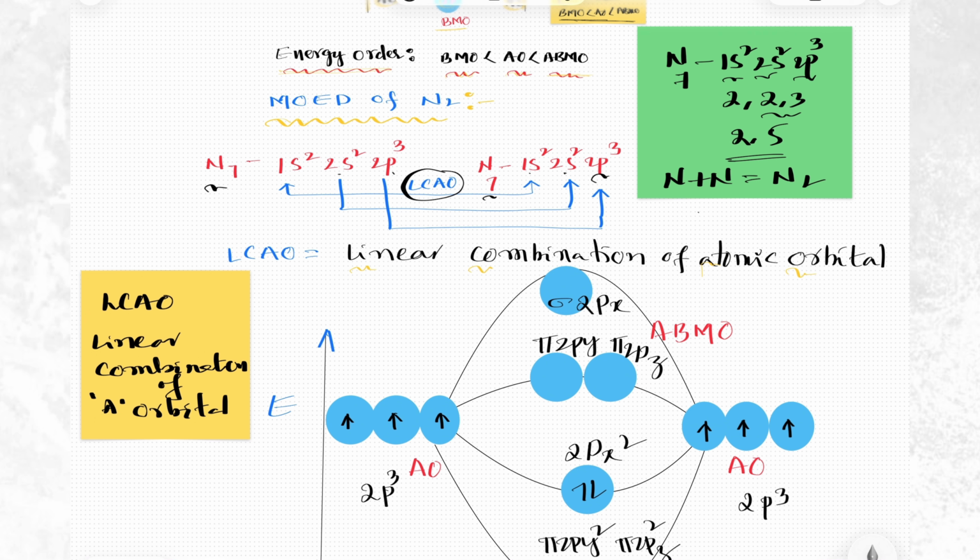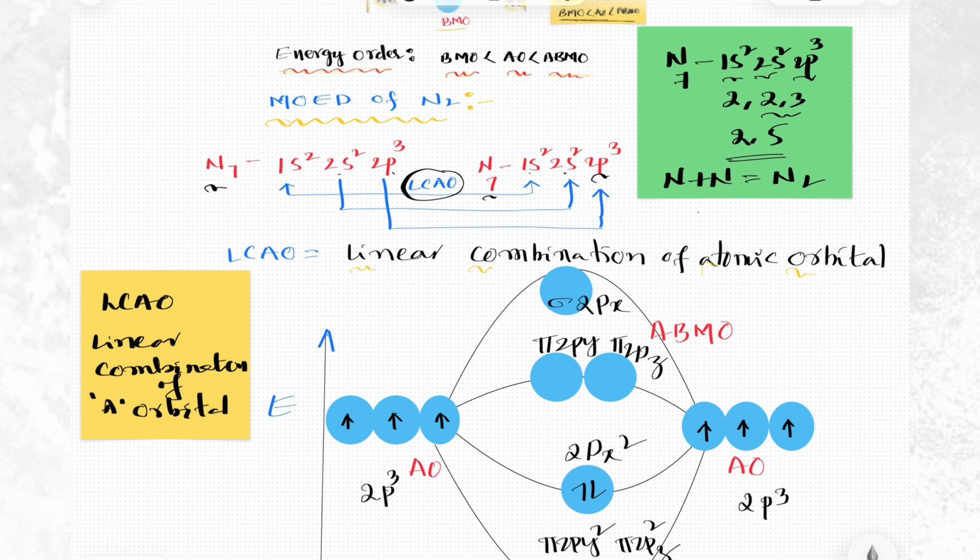What is the meaning of linear combination? We can take your two hands. Two hands we can incline one to the other, that is little finger to little finger, thumb to thumb, and middle finger to middle finger.